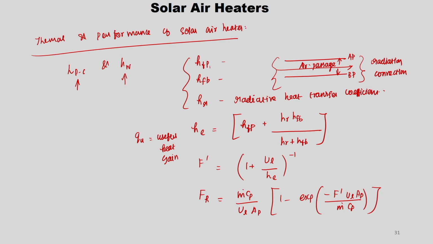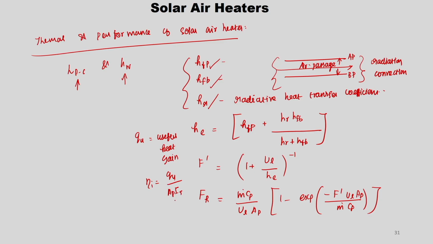So, the absorber plate, bottom plate and radiative heat transfer coefficient are collectively combined as an effective heat transfer coefficient, from that F dash, FR, then Qu. From that, eta I is nothing but Qu upon AP IT.